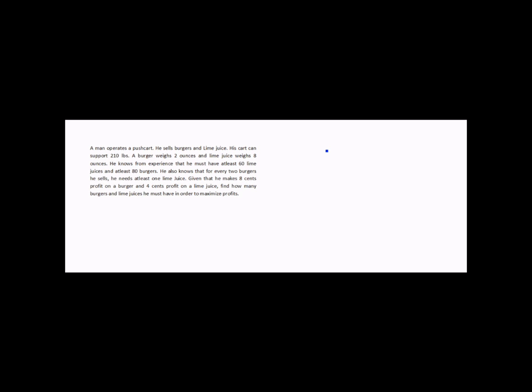Given that he makes 8 cents profit on a burger and 4 cents profit on a lime juice, find how many burgers and lime juices he must have in order to maximize profits. So let us understand this problem in detail. So suppose this is a push cart that the man is using.